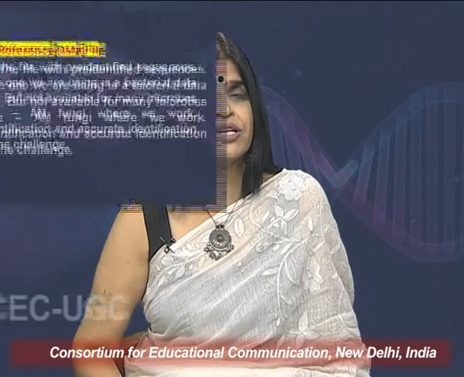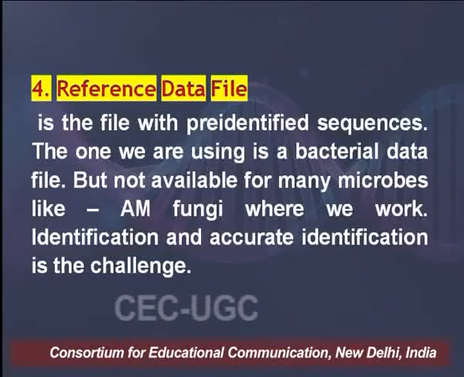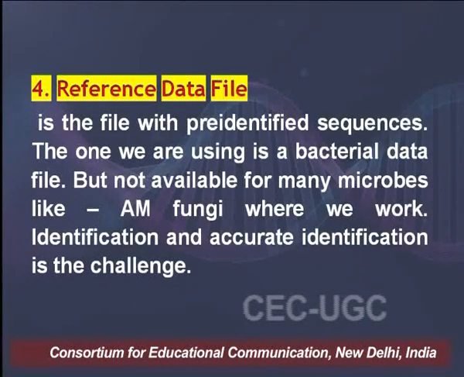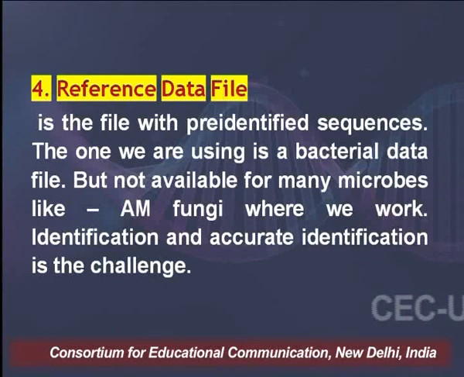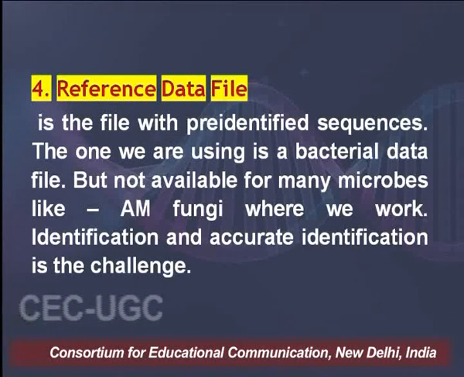So for this metagenomic Illumina sequencing data, we have FASTQ format files. And the last type of file is the reference data file, where we have already identified sequences, meaning we need some already identified sequences to know the names of the sequences which we have identified for our sample or our data.